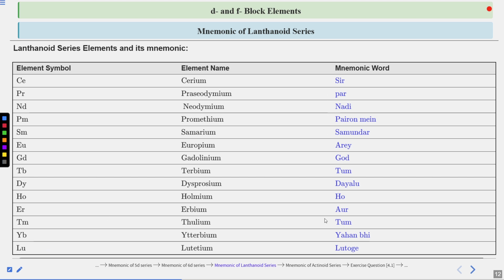So this is the mnemonic of lanthanoid series. You can learn it and it is going to help you to identify the element series.